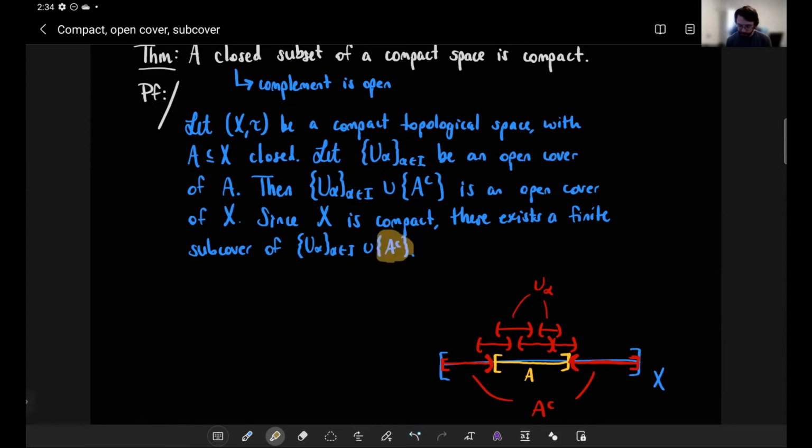More than likely, we're going to need A complement because, I mean, I said these were spilling out maybe, but they might not spill out far enough to cover all of X. So in general, you're probably going to need this. So when you take your finite subcover of everything, that's going to mean the U alphas have to be a finite collection as well.